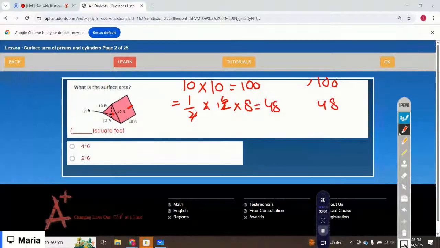Now calculate the area of the base, that is 10 times 12, so that is 120. The base is not in the form of a pair, right? It has just the one side. The shape has 200 plus 48 plus 48 plus 120. That is 416.